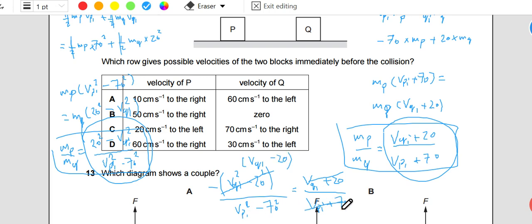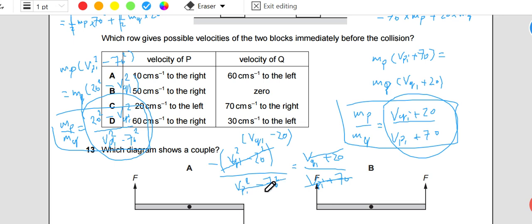We can eliminate this with that, and the remainder will be VBI minus 70. So we have this numerator divided by this denominator equals 1. So we have VQI minus 20 equal to VBI minus 70, which means that VQI plus VBI is 90.